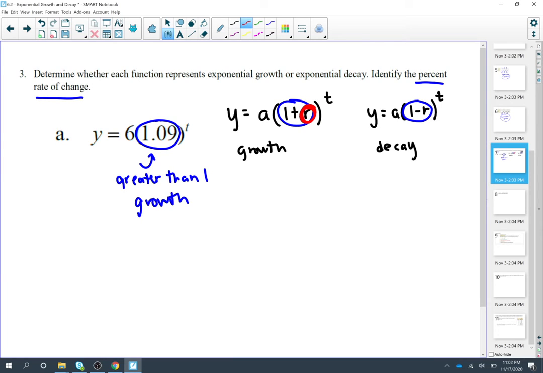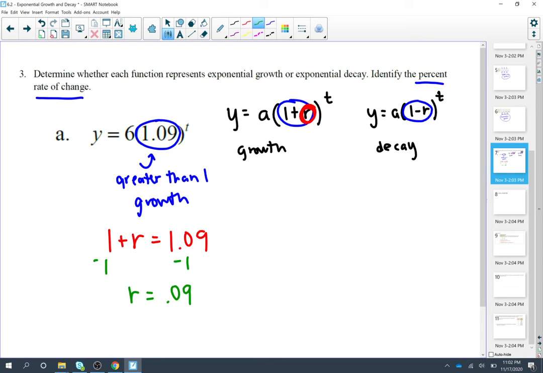I don't want 1 plus r, and this is represented by 1 plus r. So really, we could write an equation and say 1 plus r equals 1.09. And if I just want r, you would subtract 1, which means r would be 0.09.